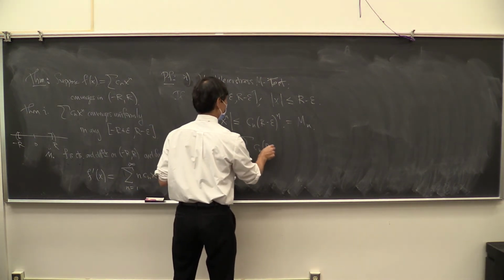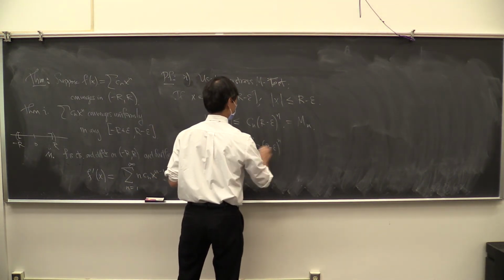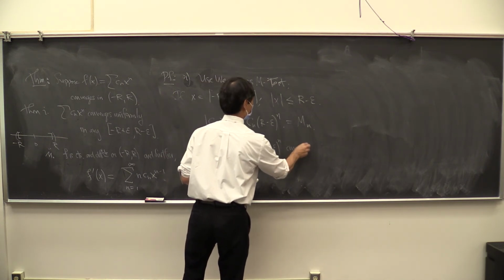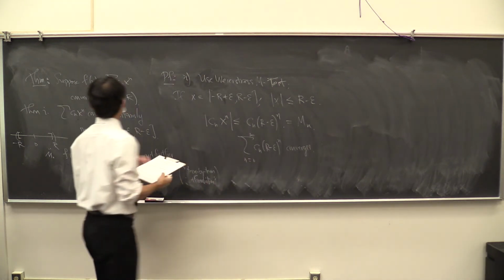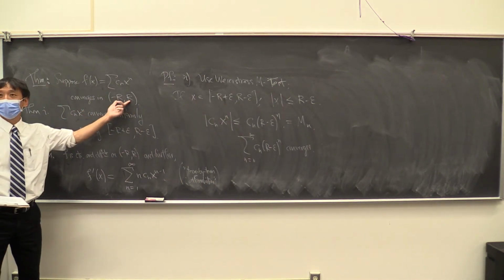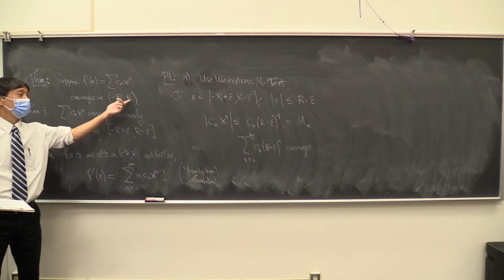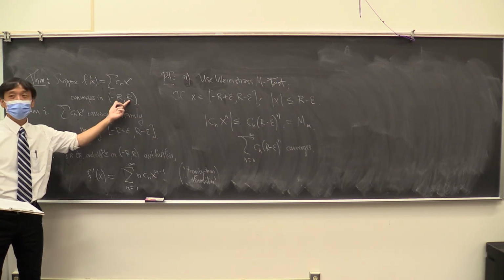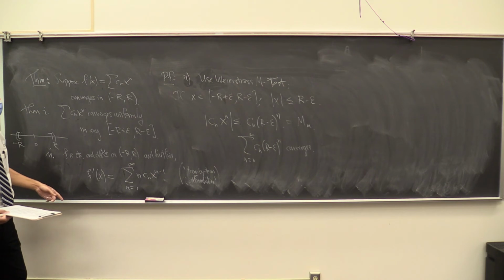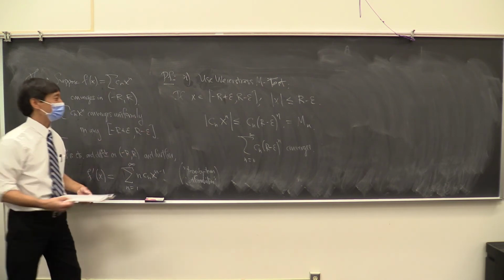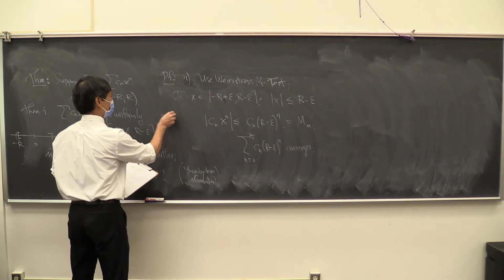This thing converges: the sum of |c_n| (r minus epsilon)^n from n equals 0 to infinity converges. Why? Because this thing converges on (-r, r), so it certainly converges at r minus epsilon. R minus epsilon is sitting inside here. Of course, epsilon is chosen so that epsilon is smaller than r.